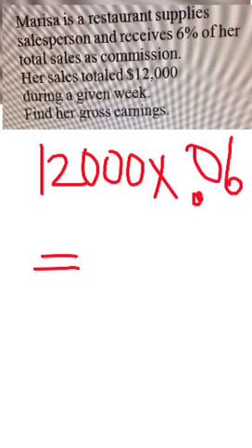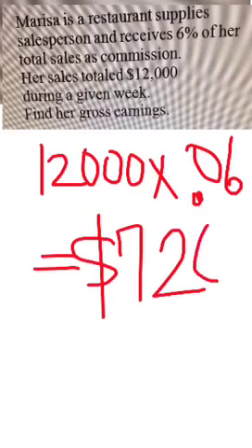And multiply. When you multiply, you get $720. So therefore, $720 is Marissa's gross earnings for the week.